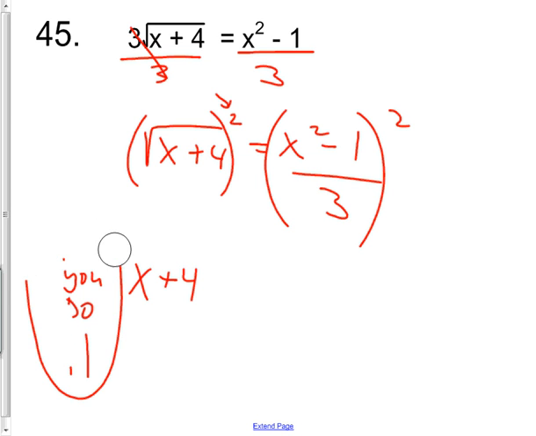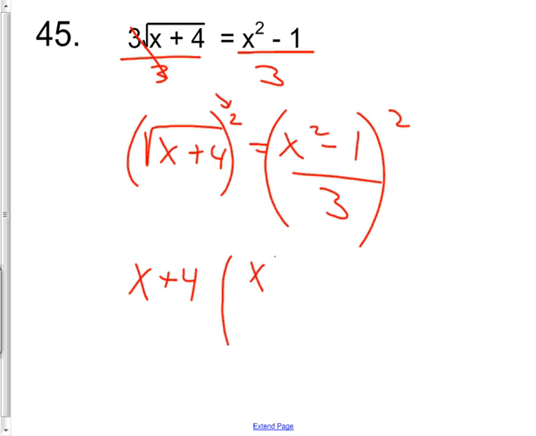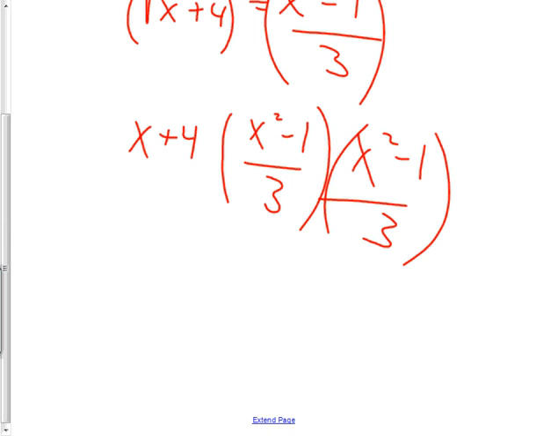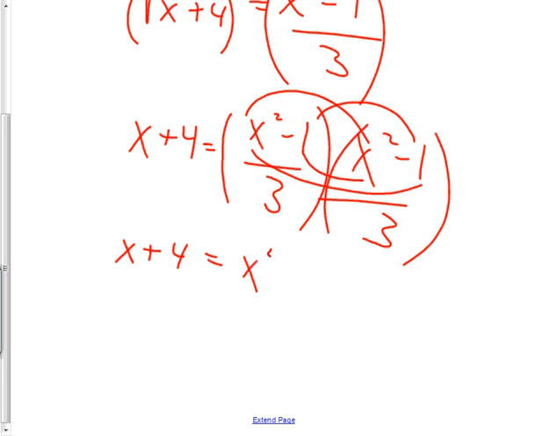Okay, anyway. I have x plus 4 equals x squared minus 1 over 3 times x squared minus 1 over 3. And now I have to do, whew, man, this is a pain in the butt. X squared times x squared, this is FOIL. First, outside, inside, last. So it's going to be x to the 4th minus 2x squared plus 1 all over 3 times 3 is 9.